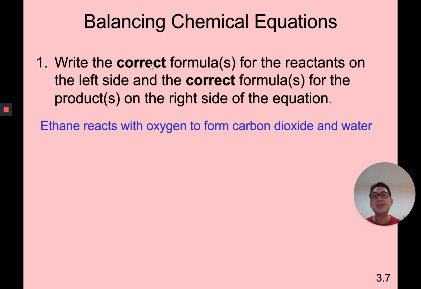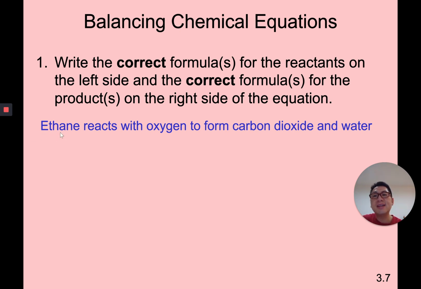So you should probably see that in this equation, ethane reacts with oxygen to form carbon dioxide and water. The reactants will be ethane and oxygen. They're reacting, and it forms, so the right side of the arrow will be carbon dioxide and water. On the left side of the arrow, I know you don't know what ethane is. I would tell you that on a test or anything like that in this chapter.